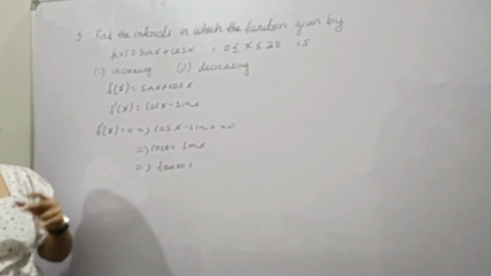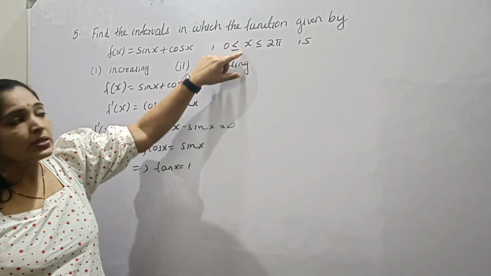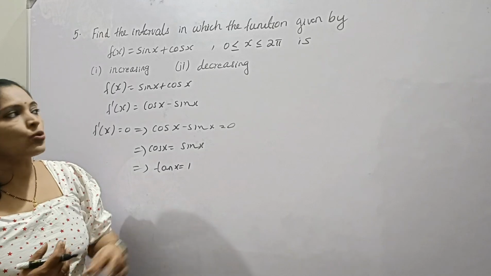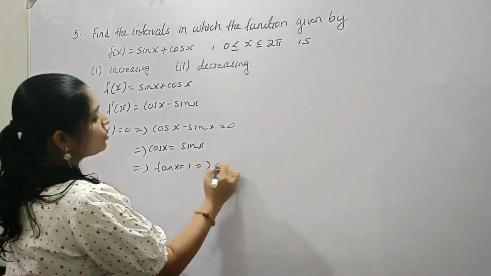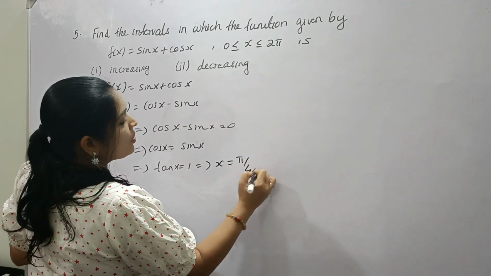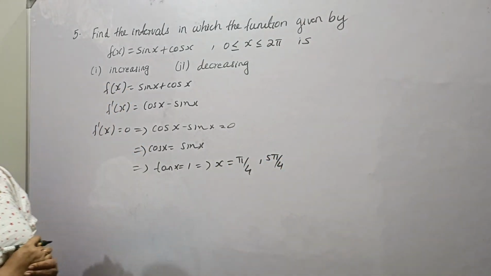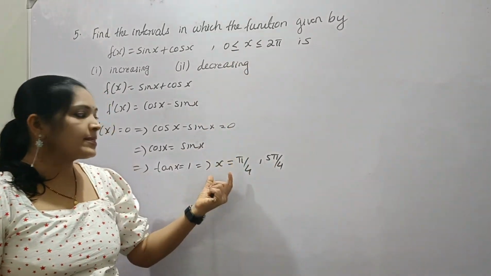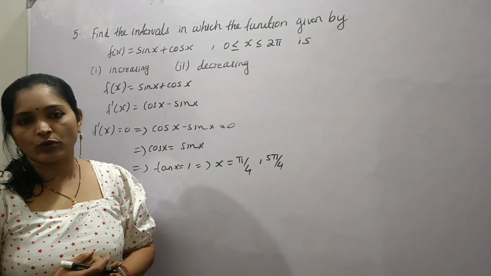And we have to check whether these values are included in this interval. See, here pi by 4 belongs to this interval and 5 pi by 4 is also included in this interval, right? So therefore x is equal to pi by 4 and 5 pi by 4. Tan pi by 4 is 1 and tan 5 pi by 4 is also 1.